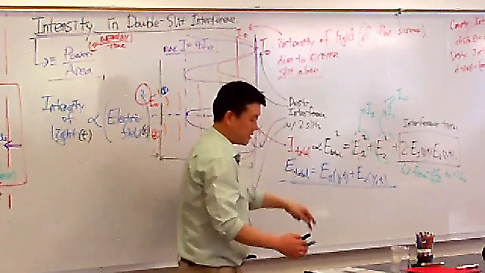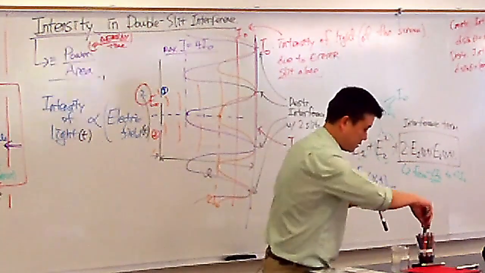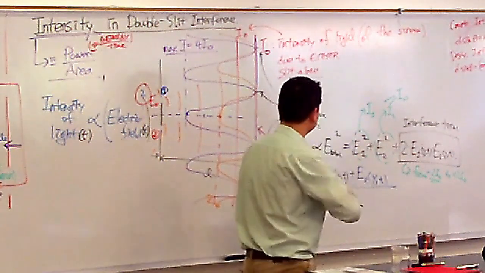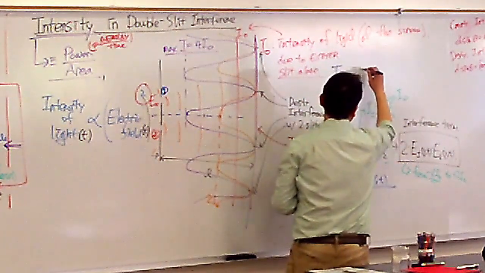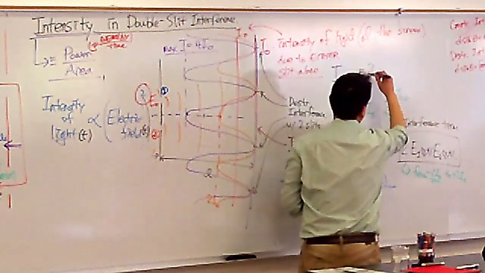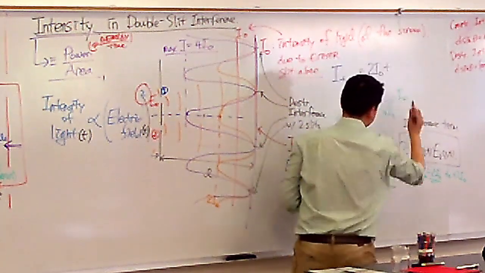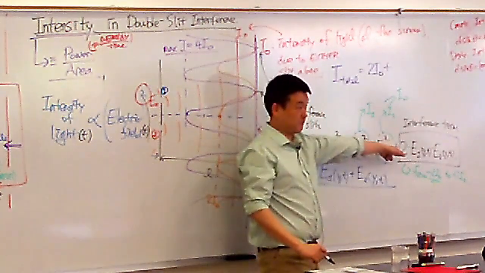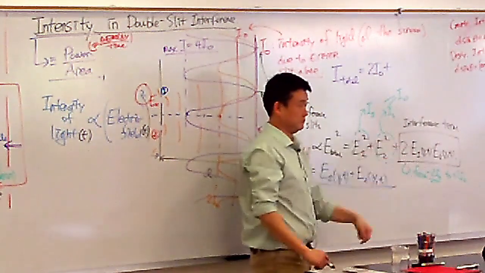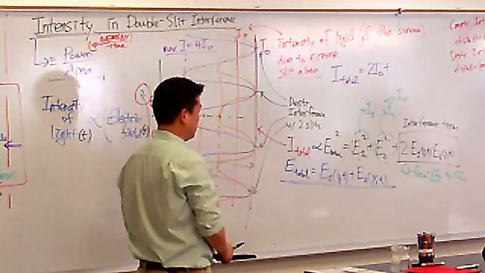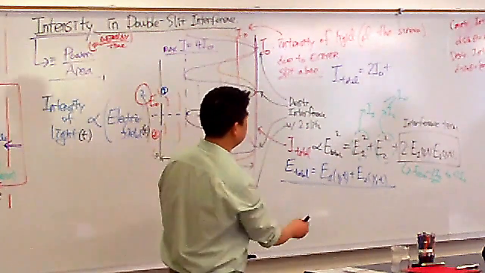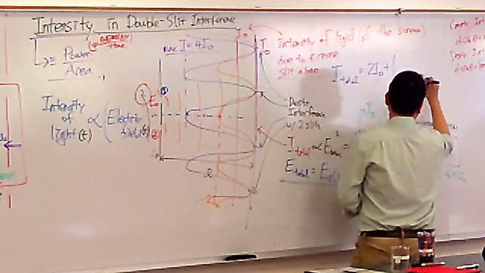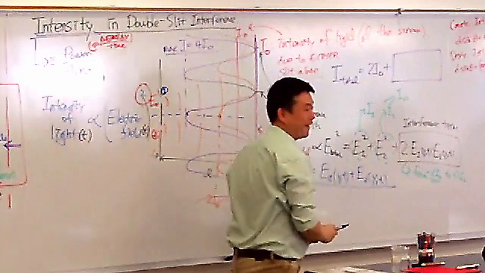So I can say my intensity total, the intensity pattern, is equal to 2I naught plus, and I have to work this term out. So let's do that. Plus dot, dot, dot. Let me leave this as a blank, which we'll have to work out.